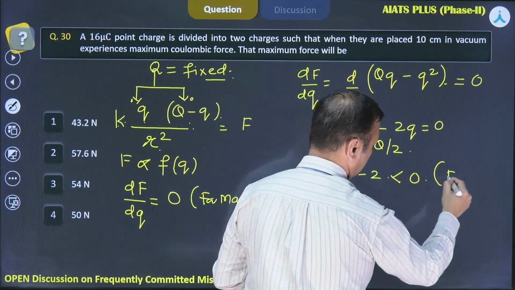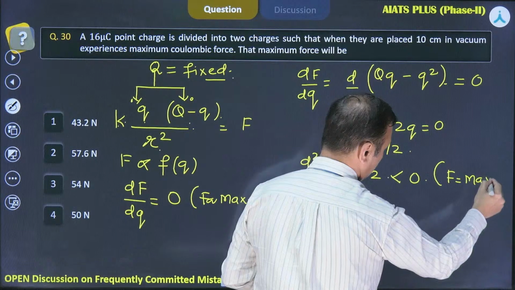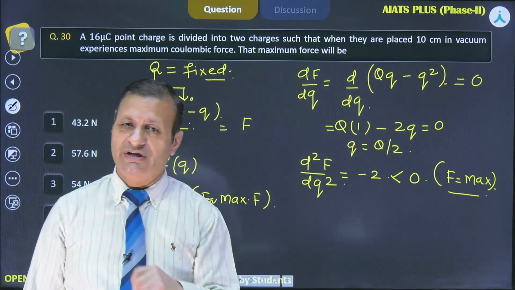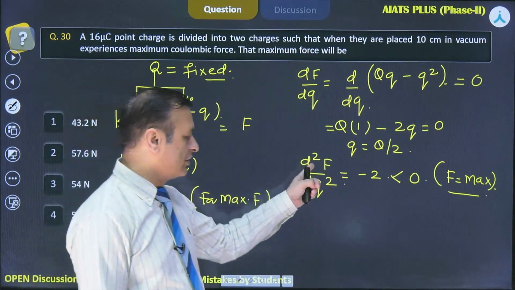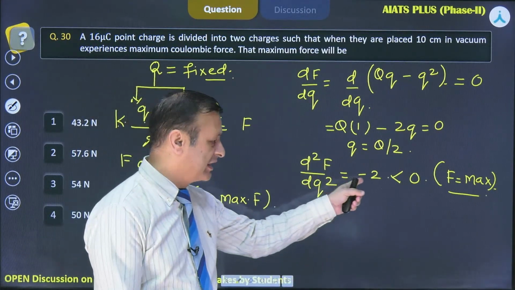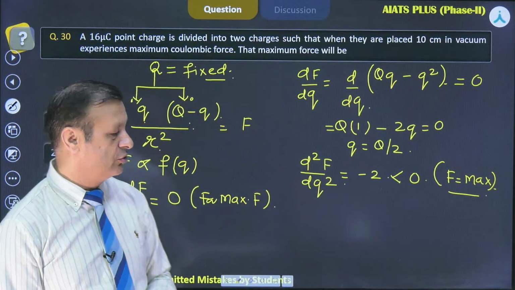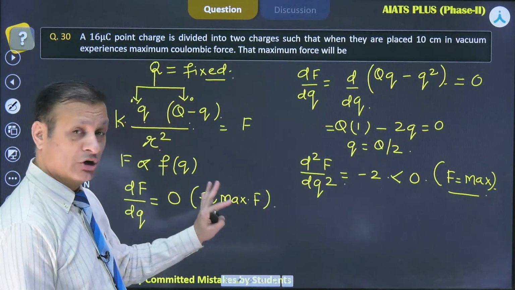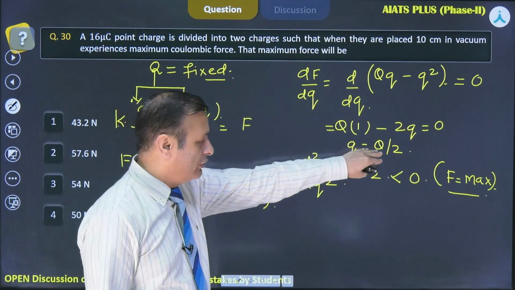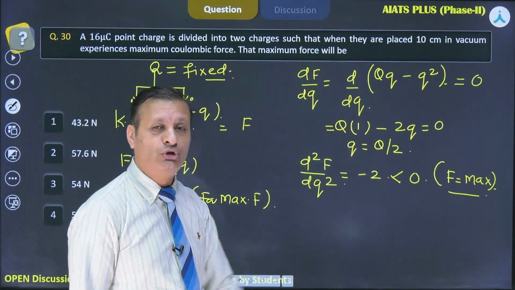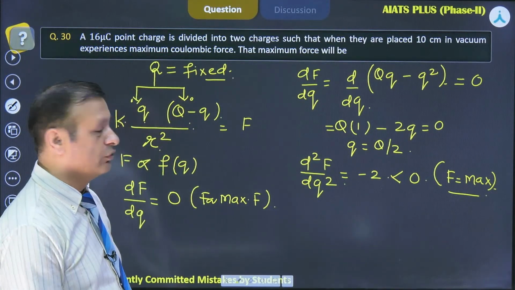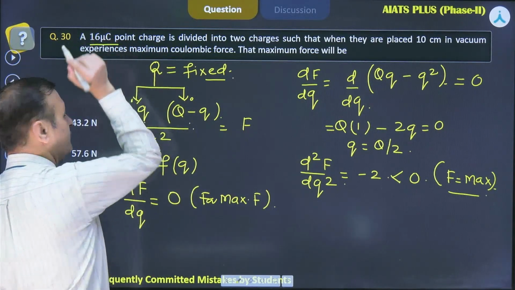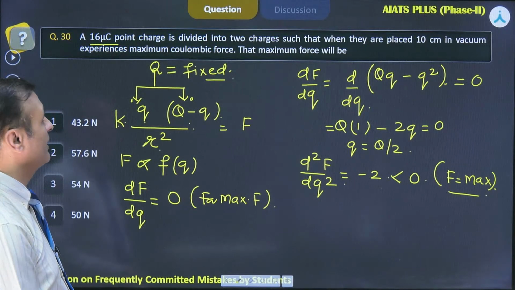It means the force has to be maximum. To define the maximum force, we need to check the second order derivative also. If it gives you a negative value, less than 0, that would define the force would be maximum. Got it? So what you have concluded is, if you divide this charge into two equal halves, that would define the maximum force. Now that charge is given to you as 16 microcoulomb.